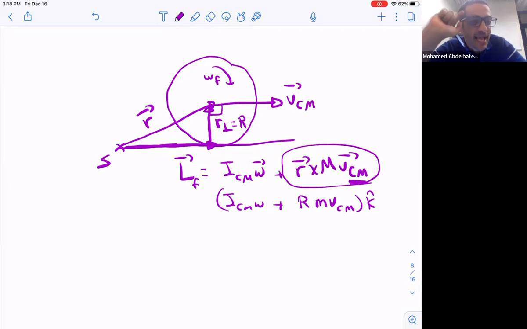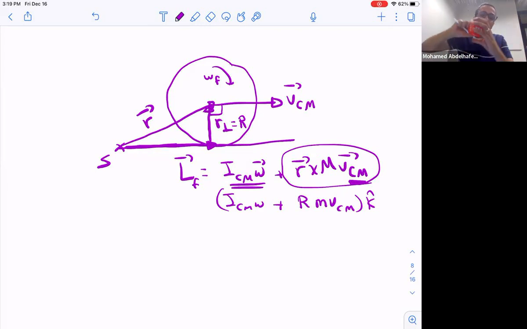This has a big derivation, but the point S only matters when you're doing the translational part. The I omega is I_CM omega. A quick way to say why this term doesn't depend on what point you're calculating about is that we're splitting the motion of the object into translation of the center of mass and rotation about the center of mass. So these two terms come from this.